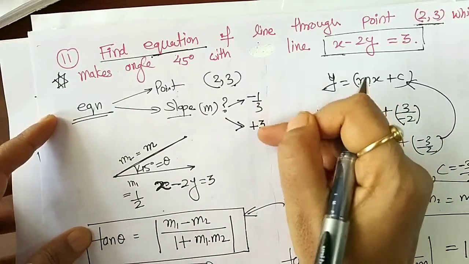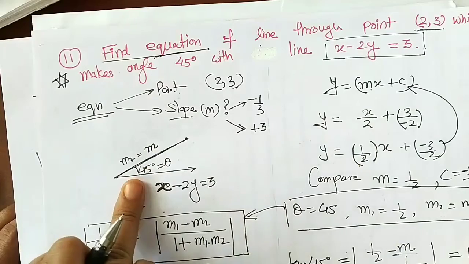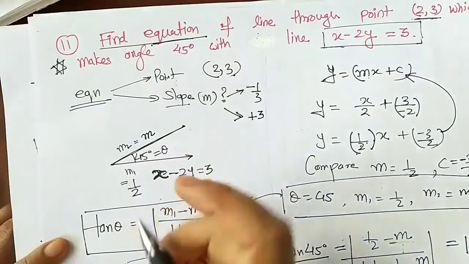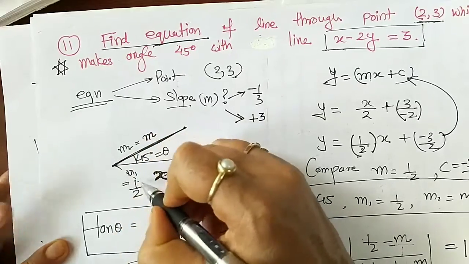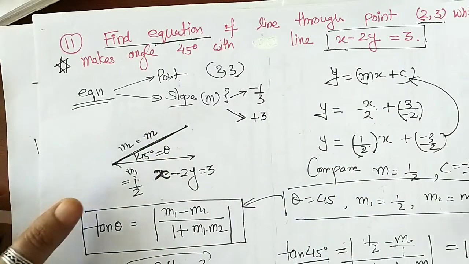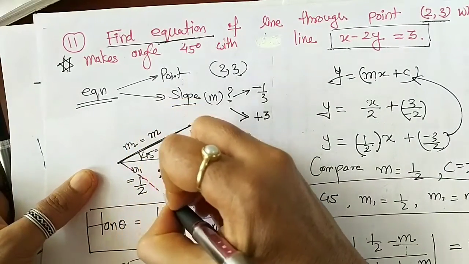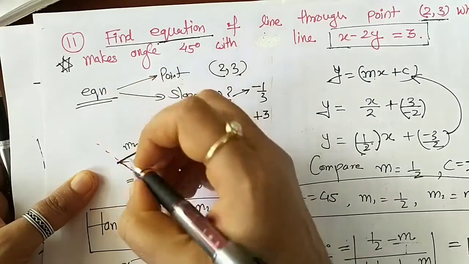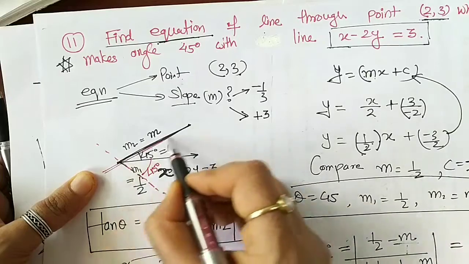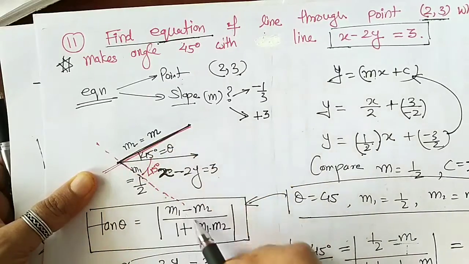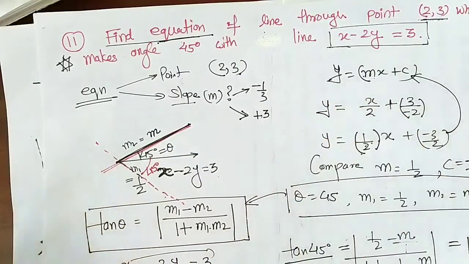So that means there are two possible lines which are at 45 degrees, and that is true also. See, I am thinking the line is here. Maybe the second line is this side, and that is also at 45 degrees. So that's why we are getting two lines. One line for this one and one line for this one, for two values of m.